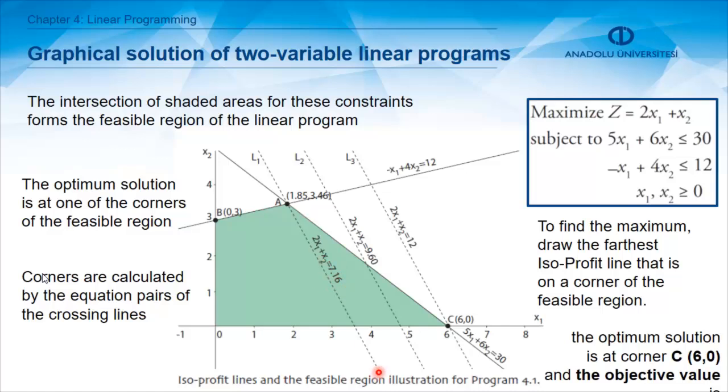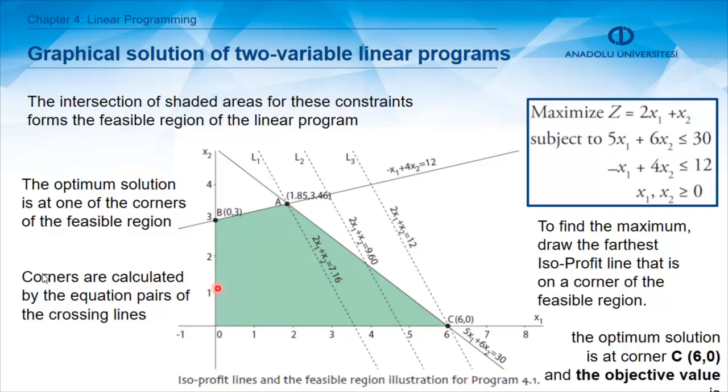We can draw many isoprofit lines with the same slope. When the drawn isoprofit line goes further to the right, its objective value increases. You can see that L1 has about 7, whereas L2 has about 9, and the furthest one that has an intersection with the feasible region has an objective value of 12.